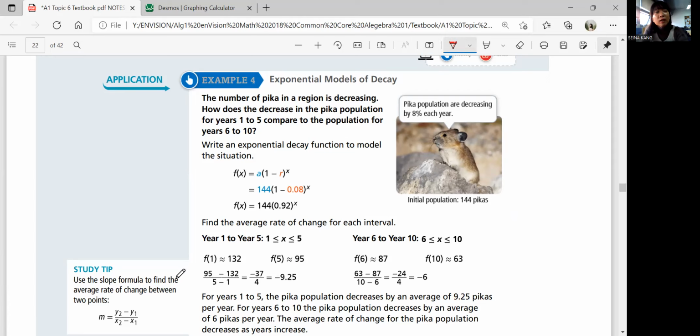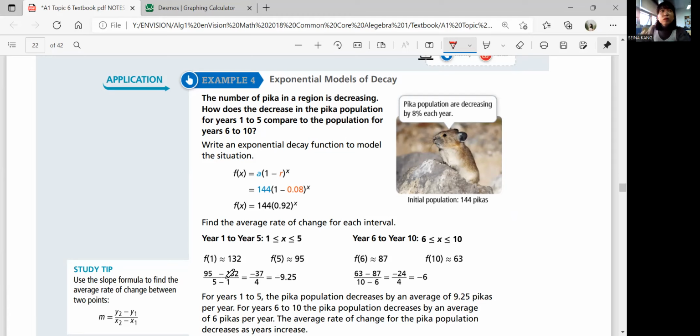So f of 1 is going to be about 132. 144 times 0.92 to the power of 1 is just 0.92, so 0.92 times 144 is about 132. And f of 5, when you plug in 5, is 95.